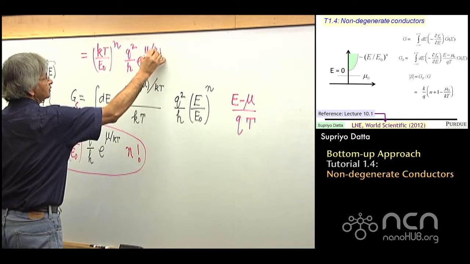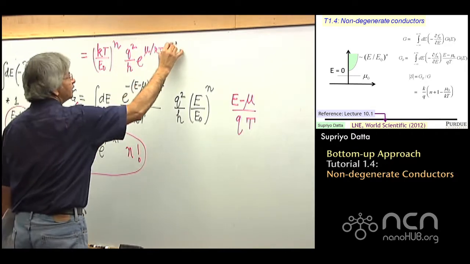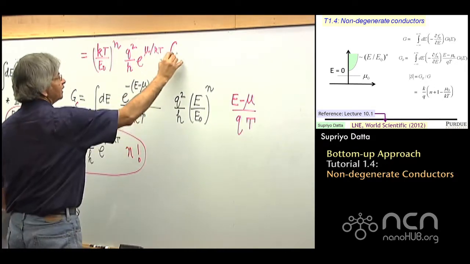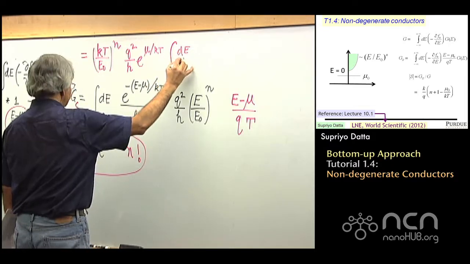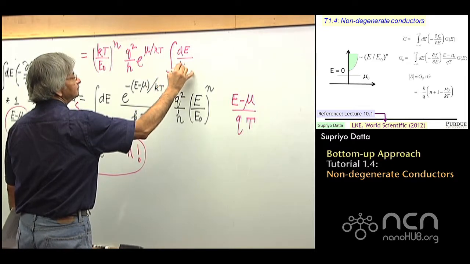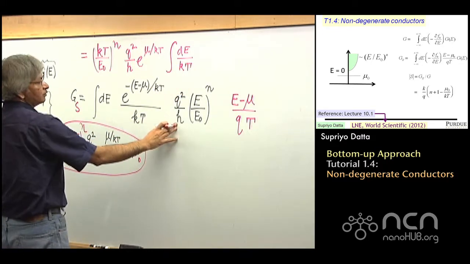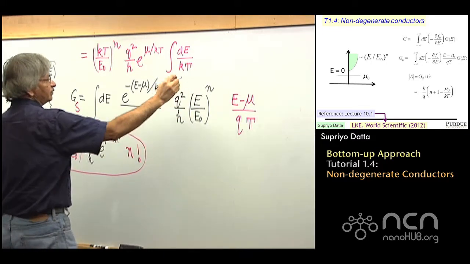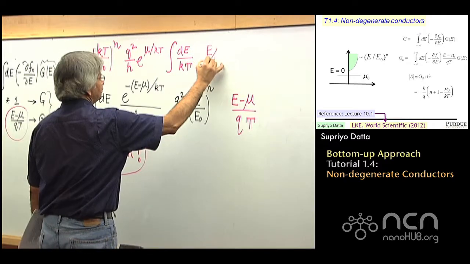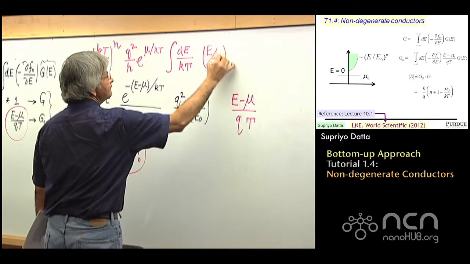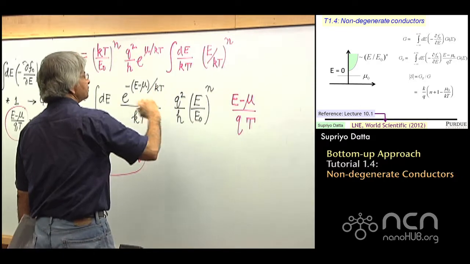So all the usual things will be out. And then inside, you'll have a dE over kT, then you'd have the E over kT to the power n, and then you have the exponential.